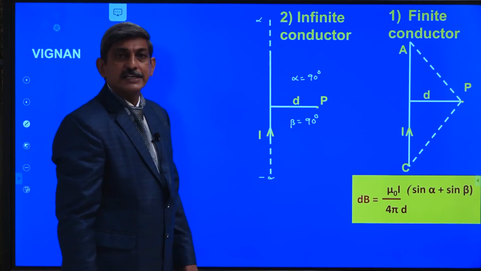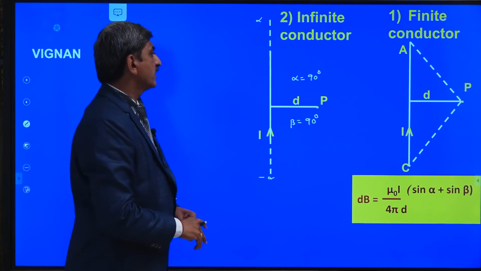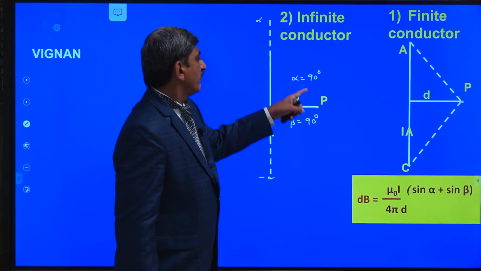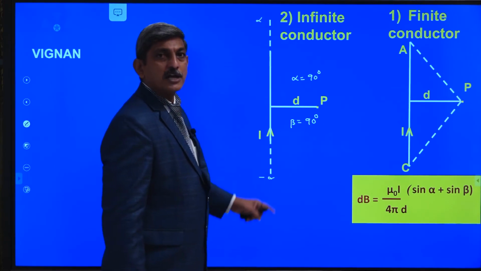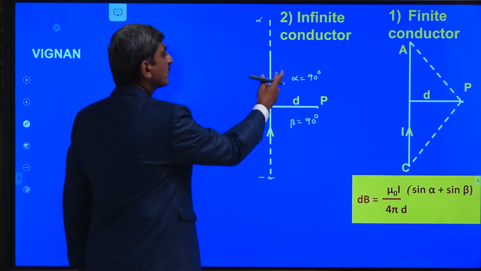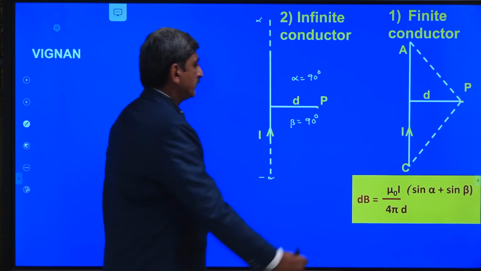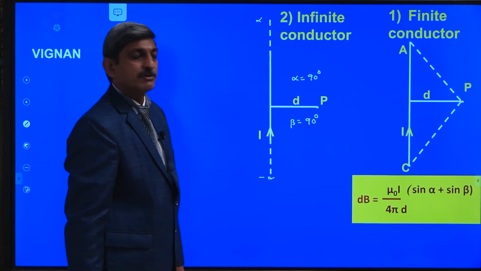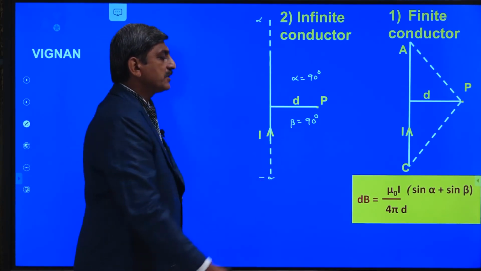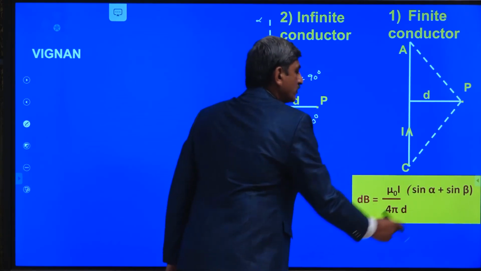For the infinite conductor, the infinite point is located far away. That's why the angle of elevation is equal to 90 degrees at point P by the top end and also by the bottom end. So alpha is equal to 90 degrees, beta is equal to 90 degrees. By substituting alpha equal to 90 and beta equal to 90 degrees in that equation, we have sin 90 is equal to 1, again sin 90 is equal to 1, 1 plus 1 is equal to 2.